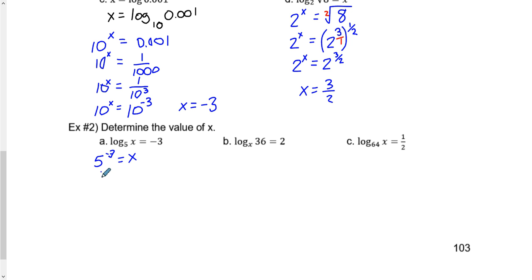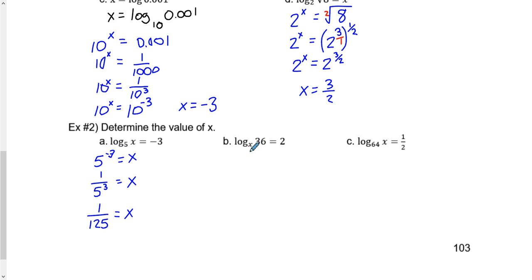The negative exponent means we're going to take the reciprocal of it. And 5 to the power of 3 is 125. So 1 over 125 is x. That's all there is to it.